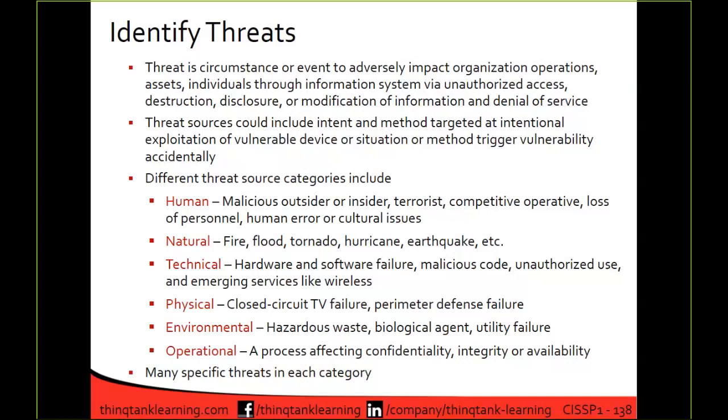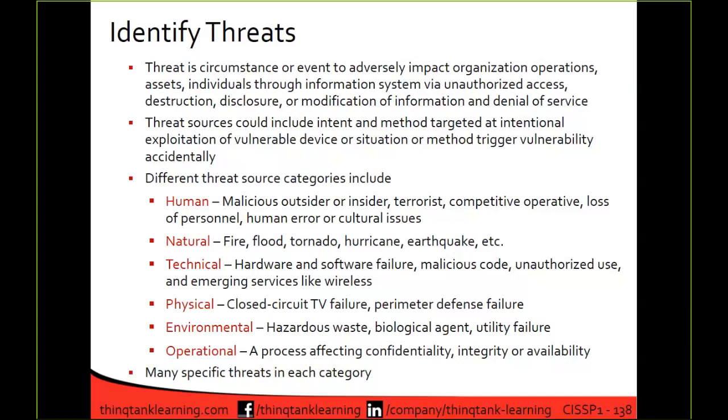Human threats, obviously terrorists, competitors, loss of personnel, people being fired, people quitting, etc. Natural threats, fire, flood, tornado, hurricane, etc. Technical threats, you know, software is not secured correctly, databases are not secured correctly, physical threats, perimeter defense, etc. Environmental threats, utility failures. Sometimes utility failures can be classified under technical or physical, but generally speaking, we call those environmental.